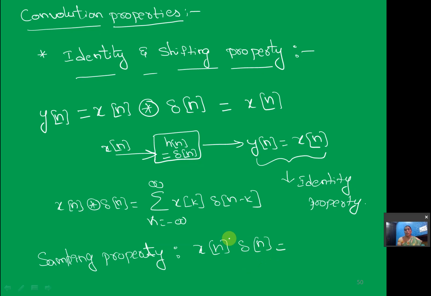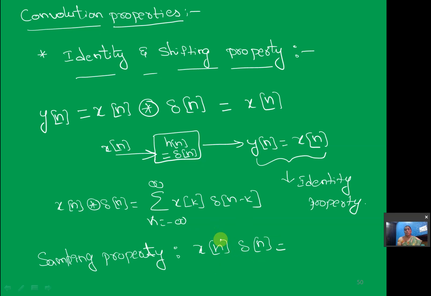If you multiply this with any signal, you get the value at n is equal to 0. Here the amplitude is 1, and whatever the amplitude of the signal is, it is multiplied with the 1. So 1 into x is nothing but x.